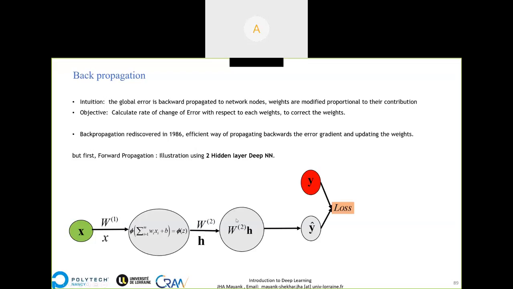And then you have the non-linearity and summation. And then finally, you have the output from the network. That's your forward propagation. Go to the loss. You go to the loss, calculate the loss with respect to the actual data, the actual output.